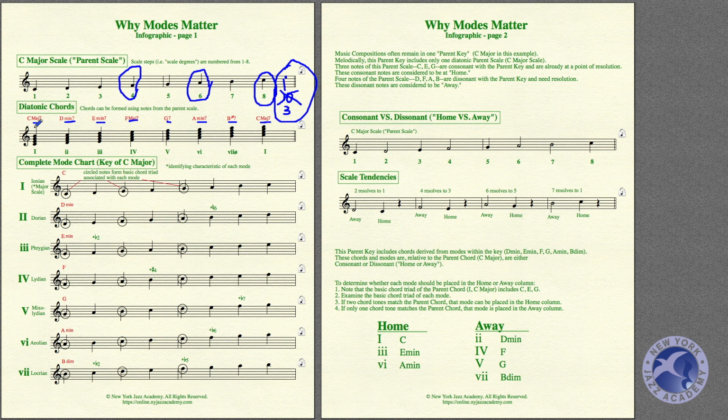C, D, E, F, G, A, B, C. All of these chords are diatonic chords because they all stem from C major. Now that's a little introduction to modes, because each of these chords implies a different mode within the key of C.